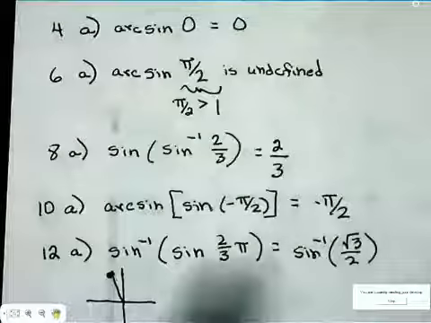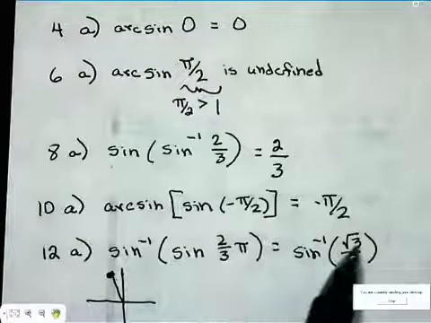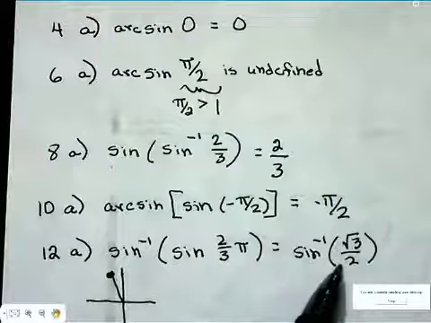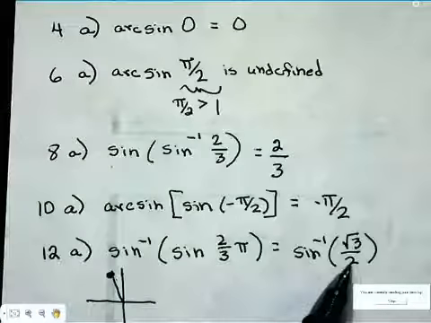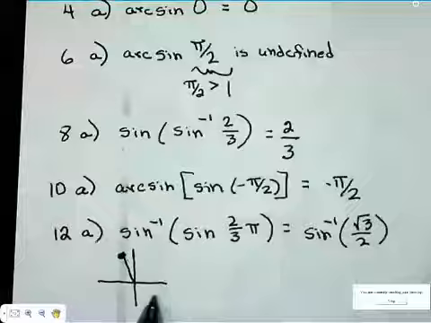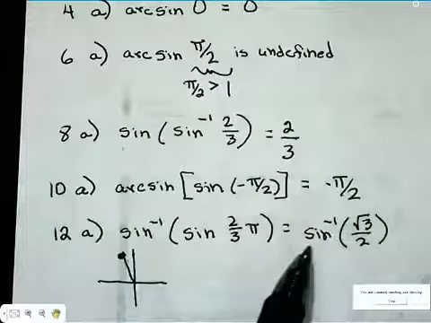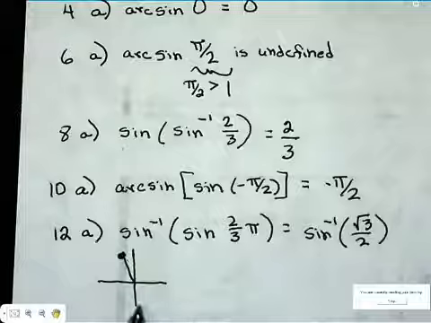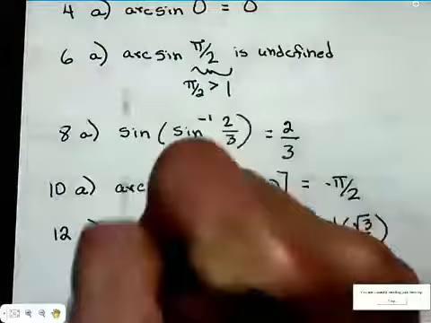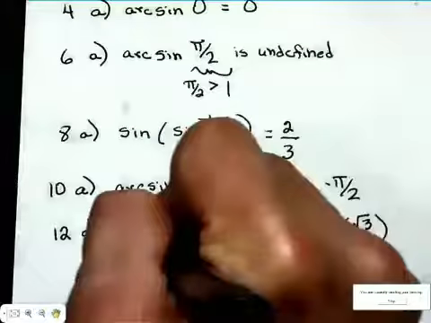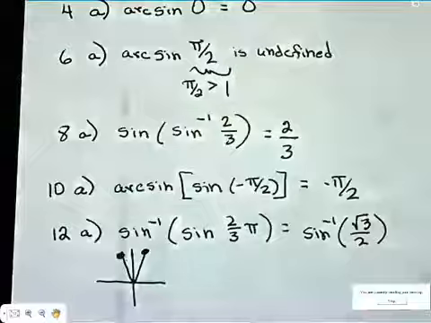We're just putting the value of sine of 2/3 pi in place of sine of 2/3 pi, and then find the angle that has that same y value, but is in the fourth or first quadrant. What's that angle that has the same y value in the fourth or first quadrant? Pi/3.